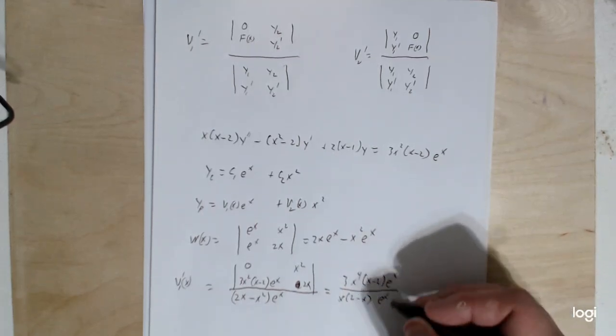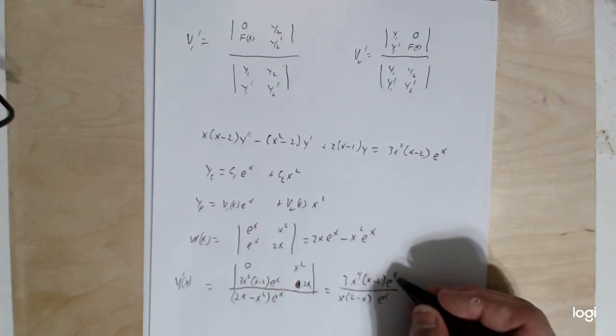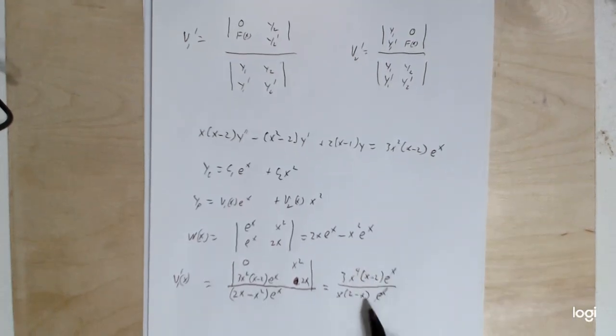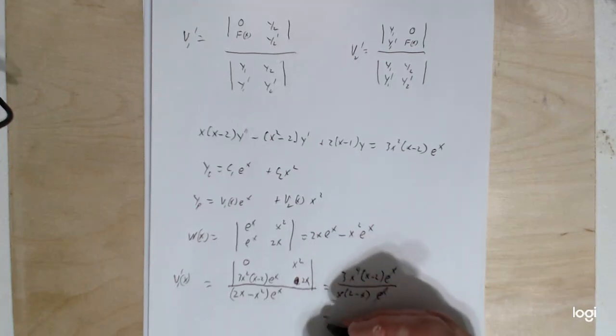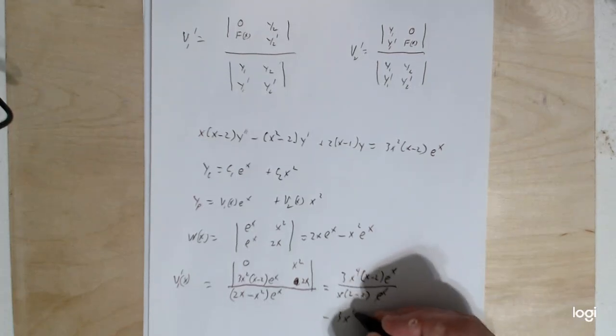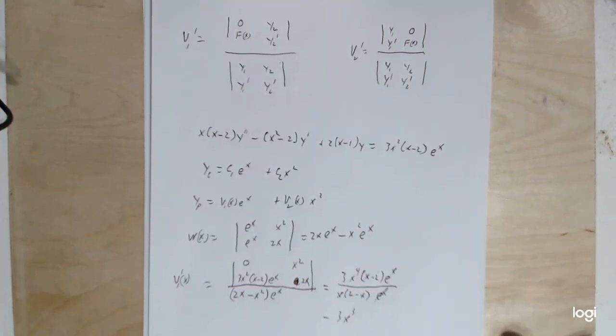So the e to the x cancel. My (x minus 2) over (2 minus x) is negative 1. And so I get negative 3x cubed. How nice.